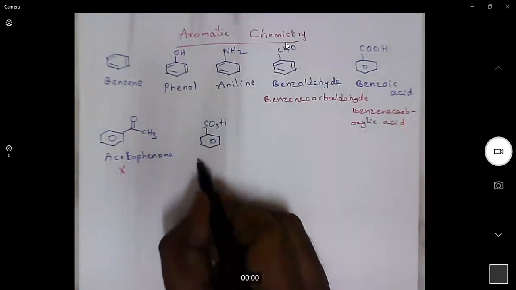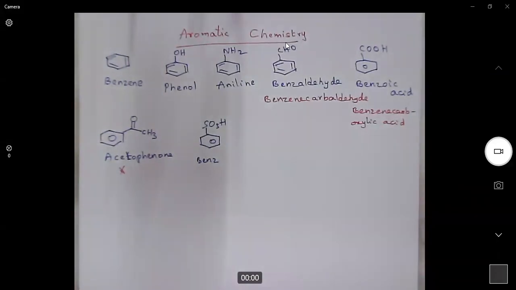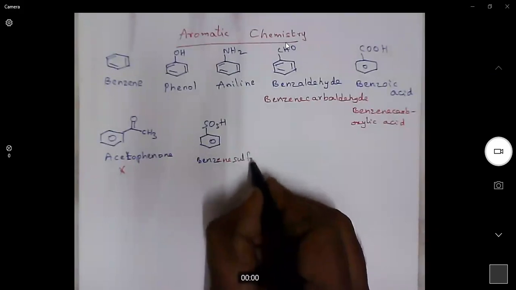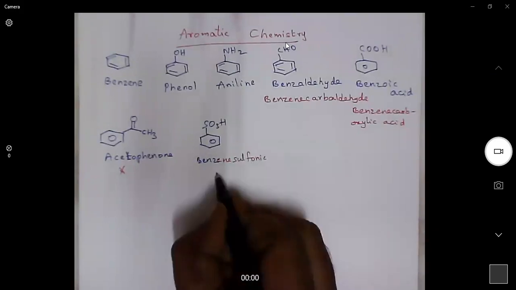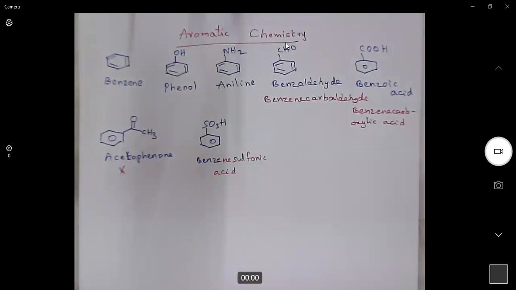This is called benzene sulfonic acid. This is the IUPAC nomenclature. It doesn't have a common name. So common names are written in blue color. IUPAC names are written in red color.